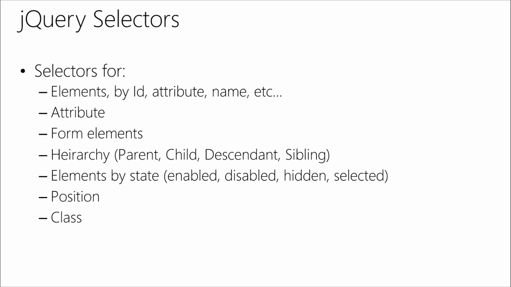Elements by state, so the checked checkbox, the disabled text box, something that's hidden, something that's selected, all of those kind of things. Something borrowed, something blue. All that good stuff. By position and class. Only the classy ones, right?